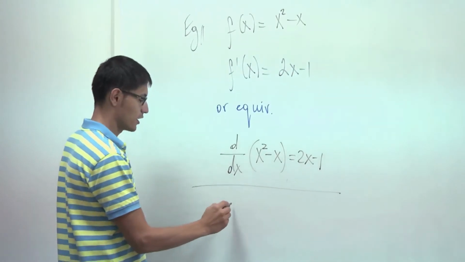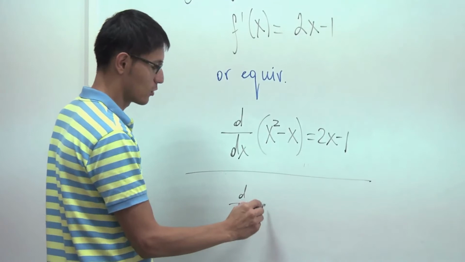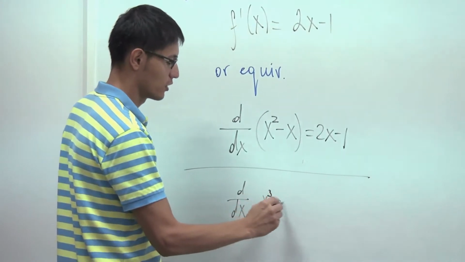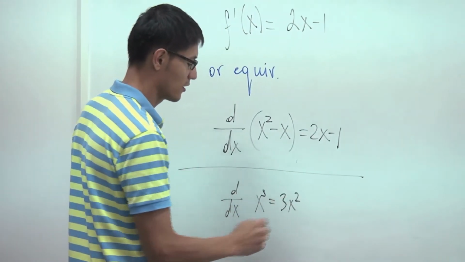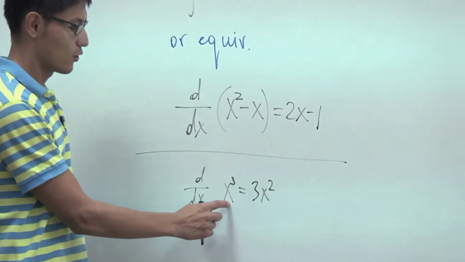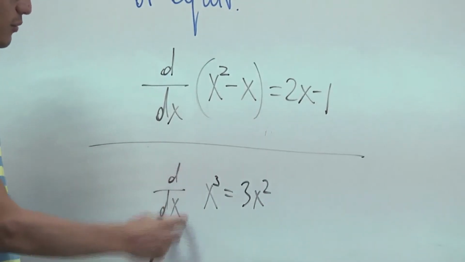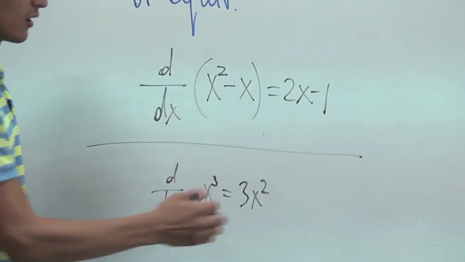Or if you see that d dx of, let's say, x cubed equals 3x squared, then what does this mean? This means that the derivative of x cubed equals 3x squared. So this notation means derivative, okay?